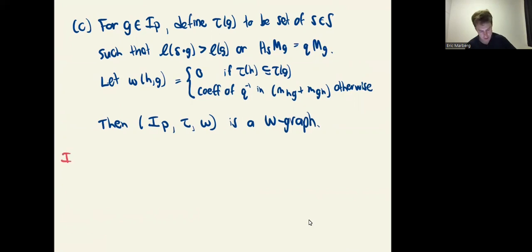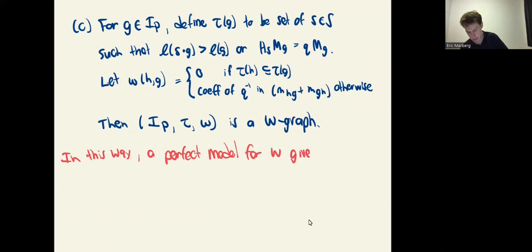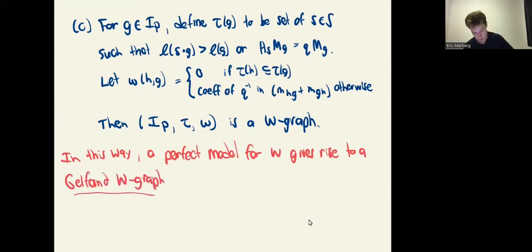So the punchline here is that in this way, a perfect model for W gives rise to what I'll call a Gelfand W-graph, a W-graph whose associated H representation is a Gelfand model.